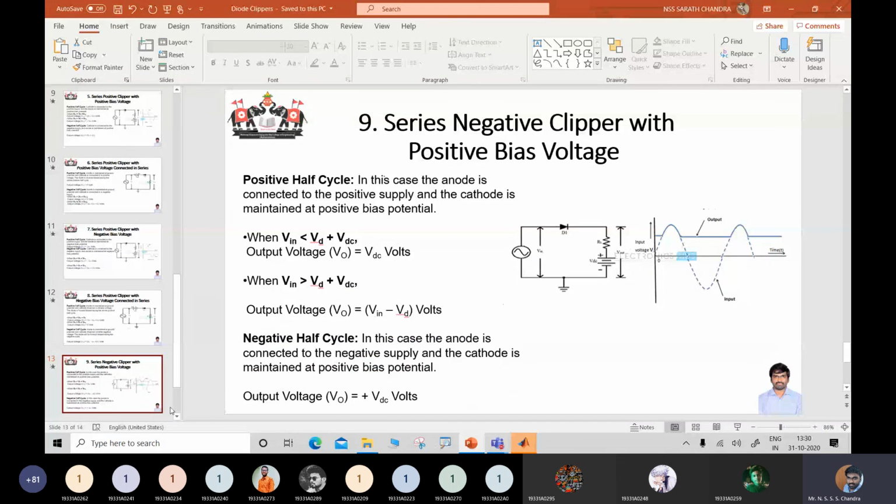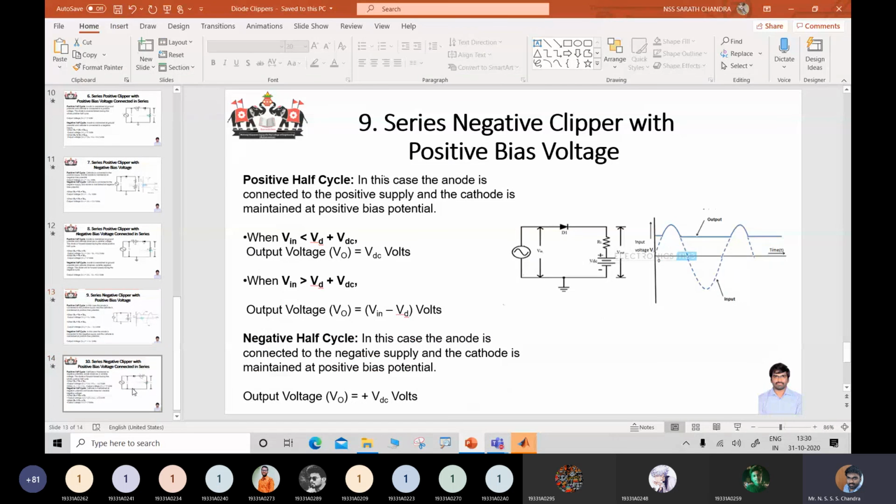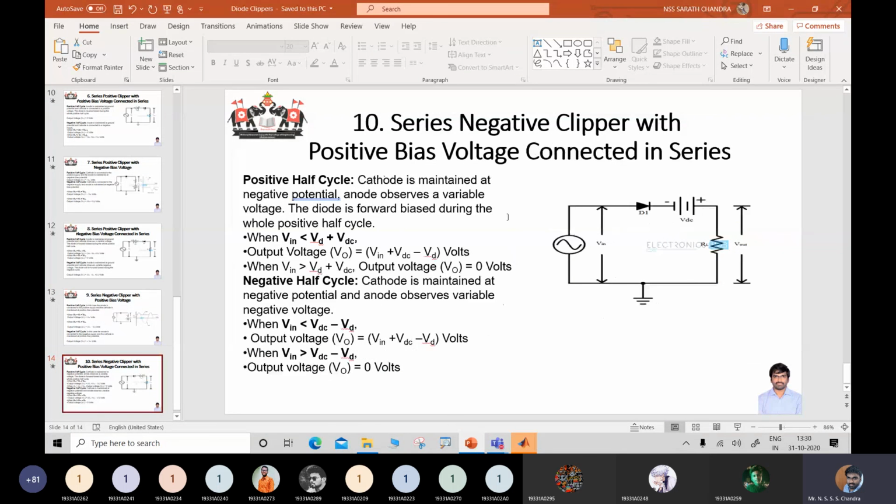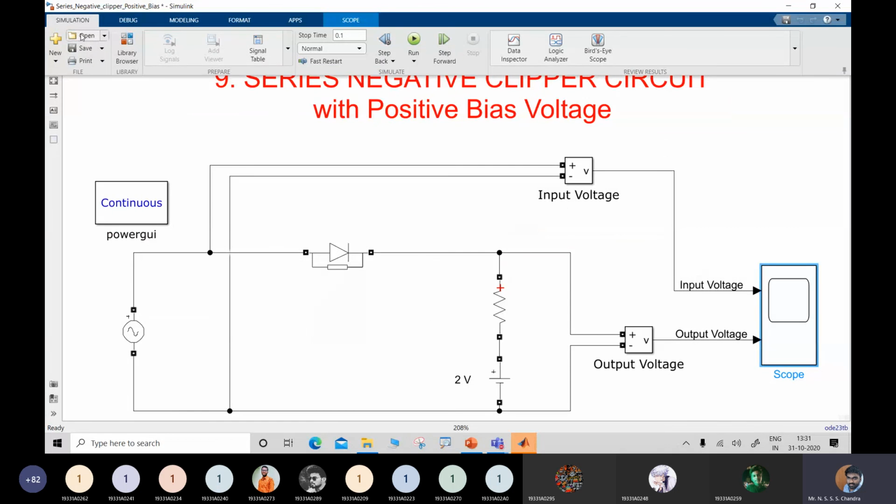Finally I'll show you the tenth circuit. I do not know whether I created this one or not. It's a series negative clipper with positive voltage source in series. Let me check if it's available. If not, I will do it and share it later.